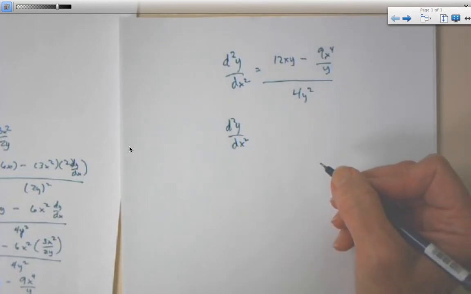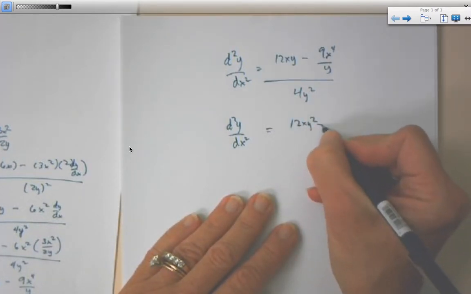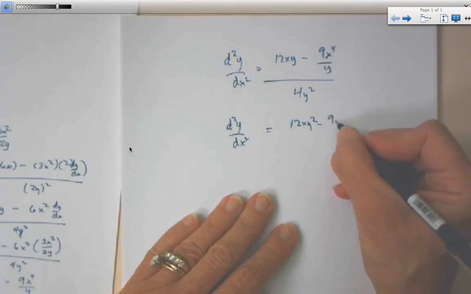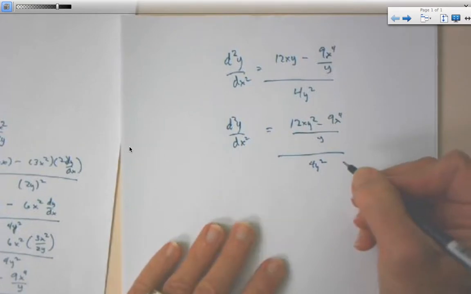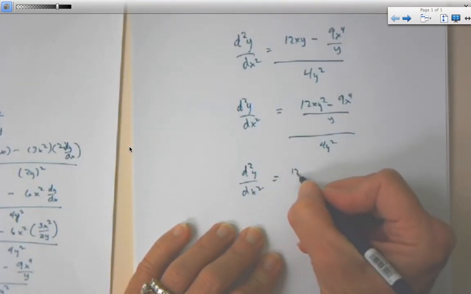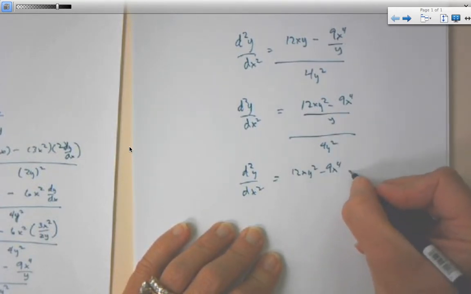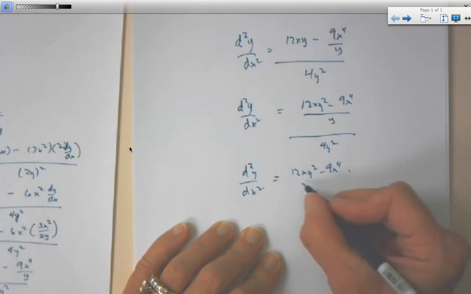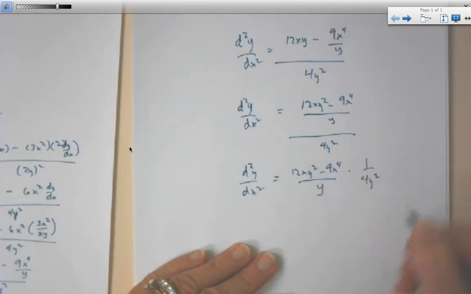It's helping you prepare for your algebra as we go forward. So again, we have a denominator y in the numerator. That's 12xy squared minus 9x to the fourth, all over y, all over 4y squared. And invert and multiply: 1 over y times 1 over 4y squared.